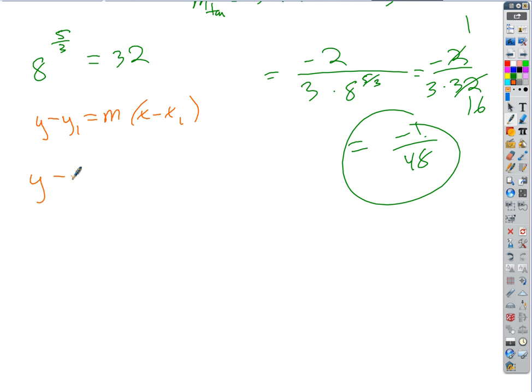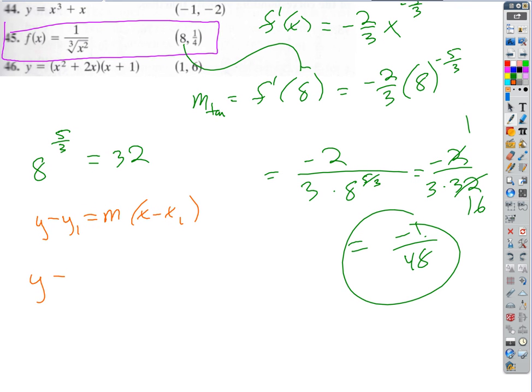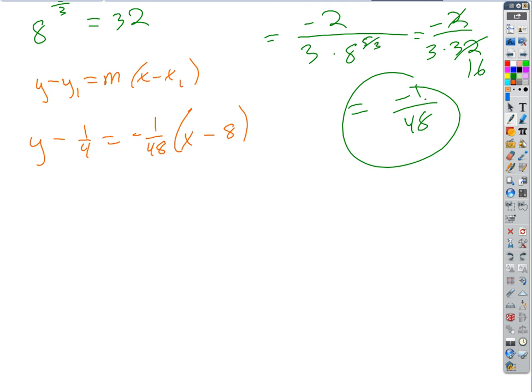So y minus 1/4 equals negative 1/48 times x minus 8. Right? So if I wanted to solve for y, all I'd have to do is just distribute the negative 1/48 and add 1/4, and I can put it in the slope intercept pretty easily. Right? That should be fine. Okay, make sense? Okay?